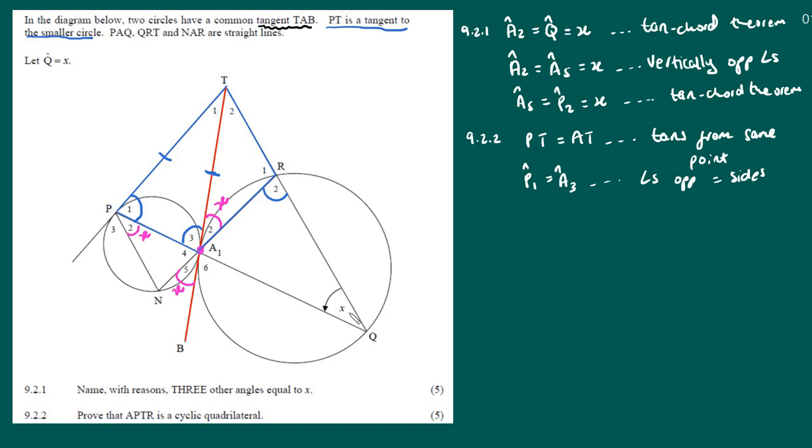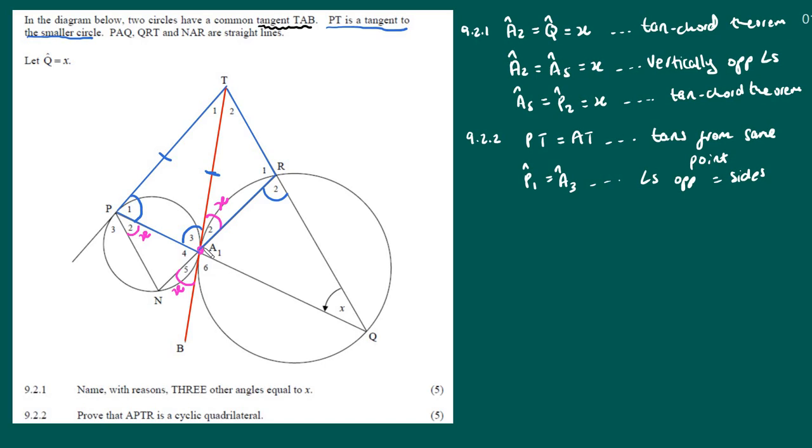Next to the A3 and A2. A3 and A2. Remember that PTRA is not a cyclic quad yet, because it's not in a circle.